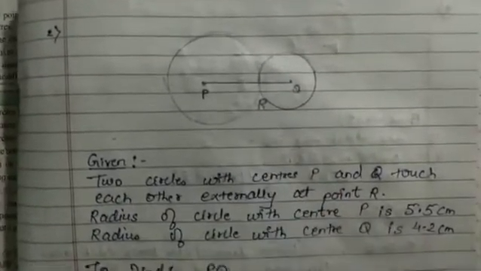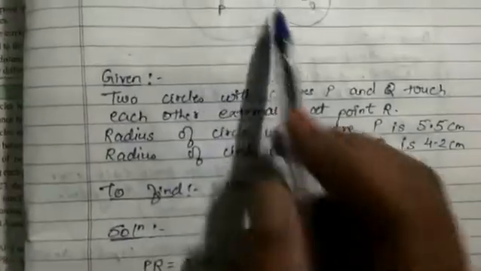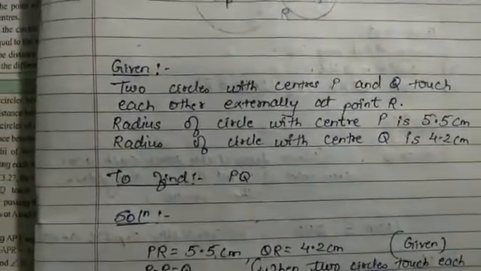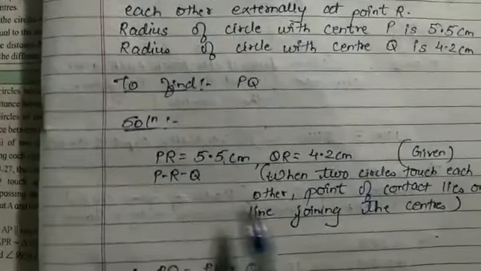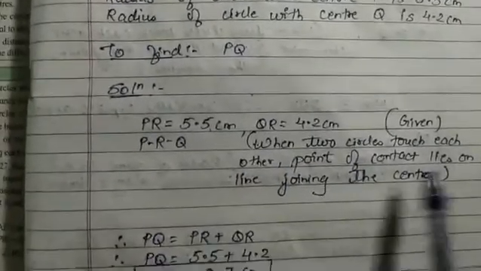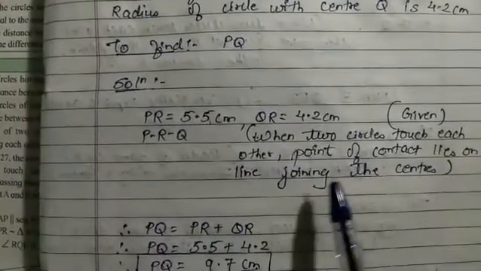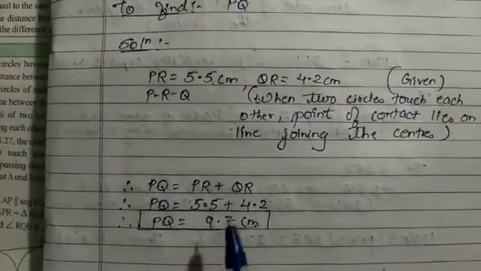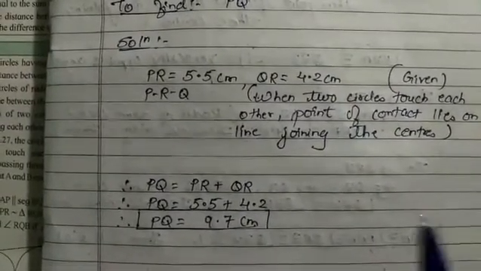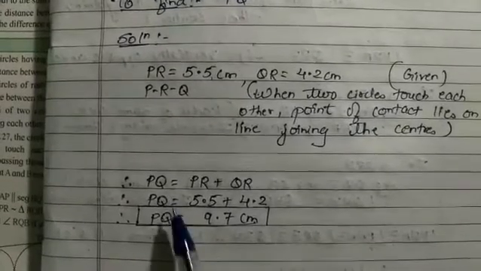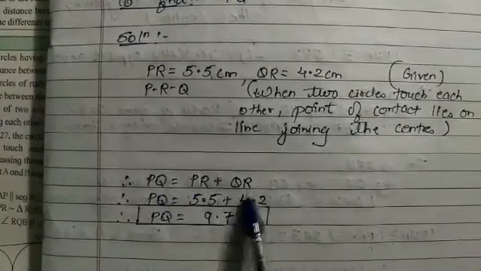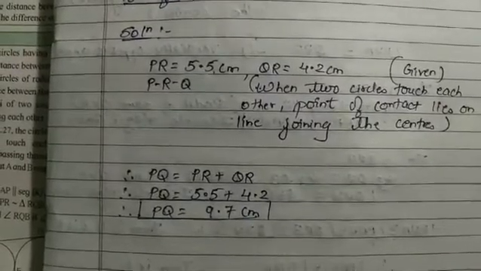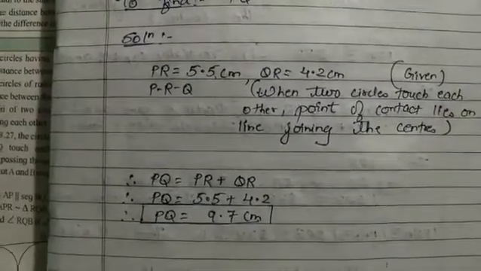Point of contact is R, the radius PR is 5.5 and QR is 4.2. So P, R, Q are collinear, since when two circles touch each other, the point of contact lies on the line joining the centers. So in case of externally, we will do the addition. So PQ equals PR plus QR, that is 5.5 plus 4.2, which gives 9.7 centimeter.